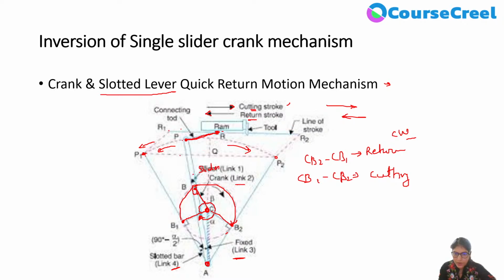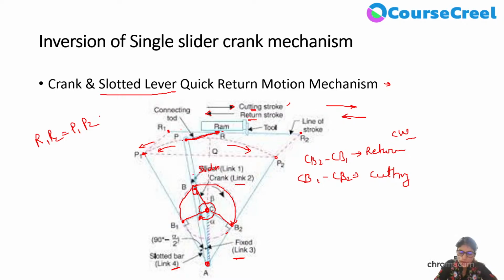Okay, so if we join P1 and P2, the same distance will be covered by the tool here during translation. So it is representing R1 and R2. Okay, so R1 R2 will be equal to P1 P2, right?